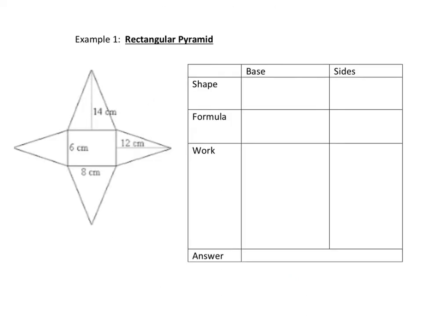So here's our first example of a rectangular pyramid. Now, the first thing I'm going to do is shade the base. So the base is the thing in the middle. Here it is a rectangle. Now, let's fill in our chart over to the right. The shape of the base is a rectangle.